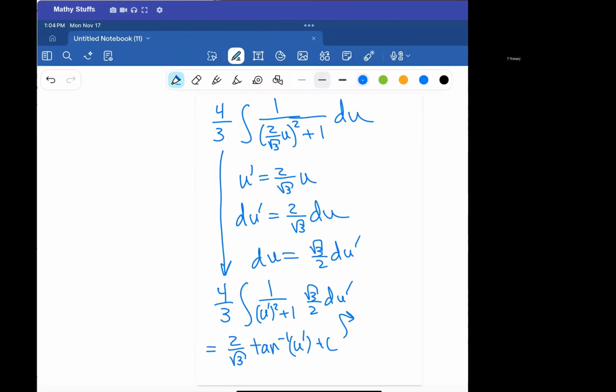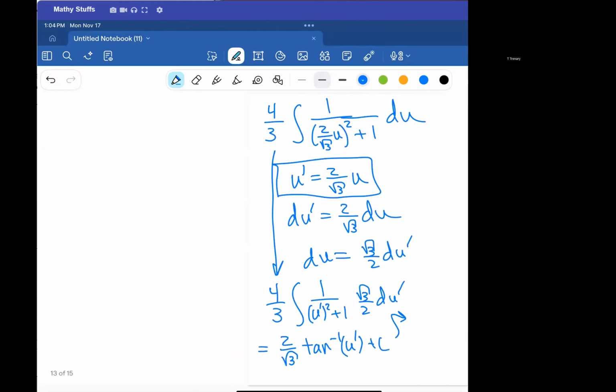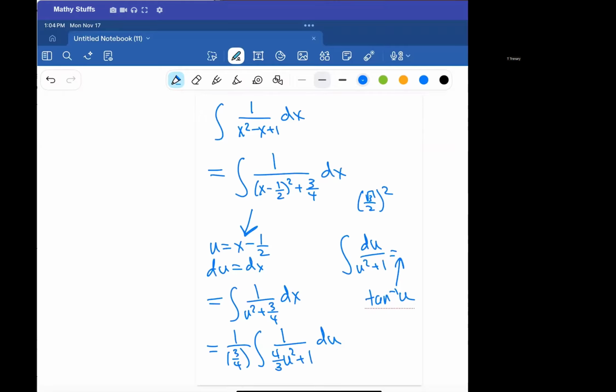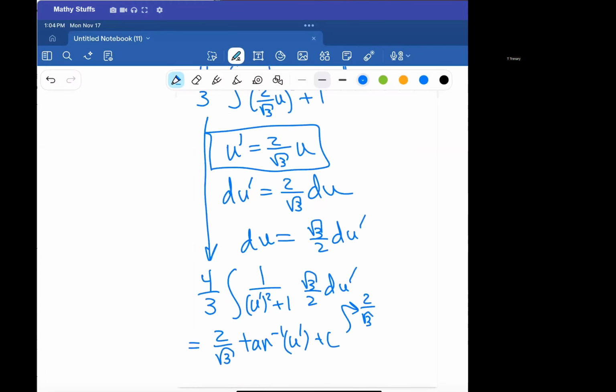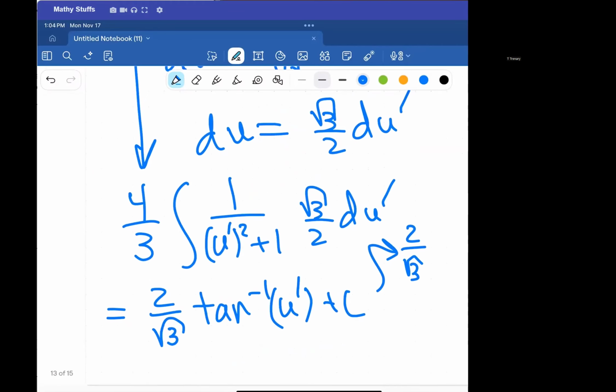So u prime was this, and u was this. So remember that u is x minus a half. So this is going to be 2 over root, no, I need to, let's see if I can cram it in down here. Let's make this really big.